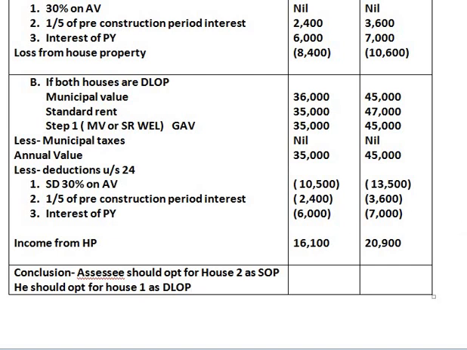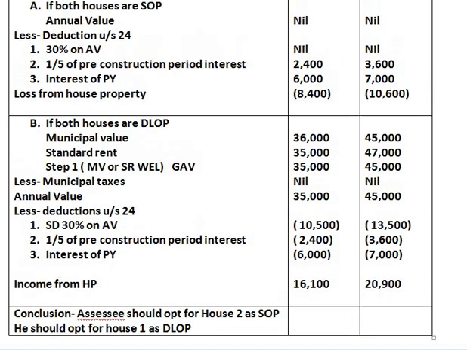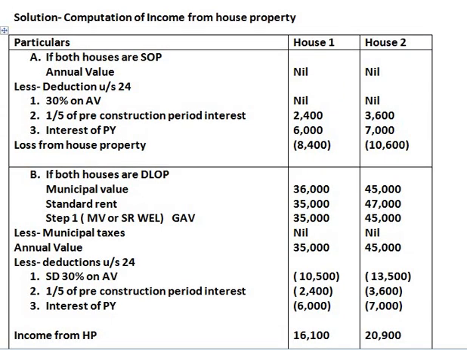I hope you have understood this sum. First, you have to consider both the house properties as self-occupied property. When you consider it as self-occupied property, your annual values will be nil. From annual value, you will make the deduction. That is the reason you will get loss from house property.